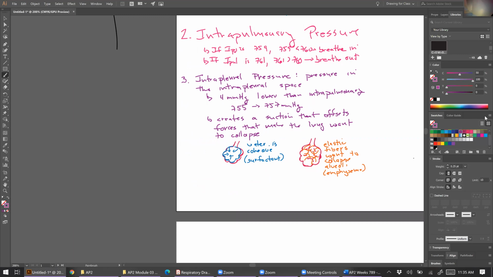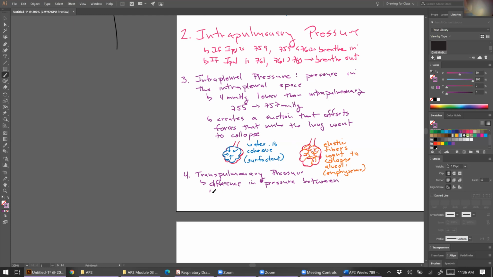it's kind of the same, so I'll keep it the same color. And it's just called the transpulmonary pressure. Trans means across. So this is the difference in pressure between intrapleural.